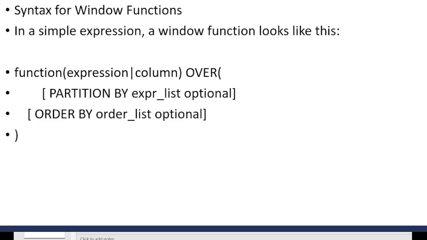The basic syntax of a Windows function is: whatever function we want to apply, and the column that we apply it on, then the OVER keyword. In the OVER clause I will specify partition by and order by. Partition by and order by are optional. I'll demonstrate one basic Windows function.